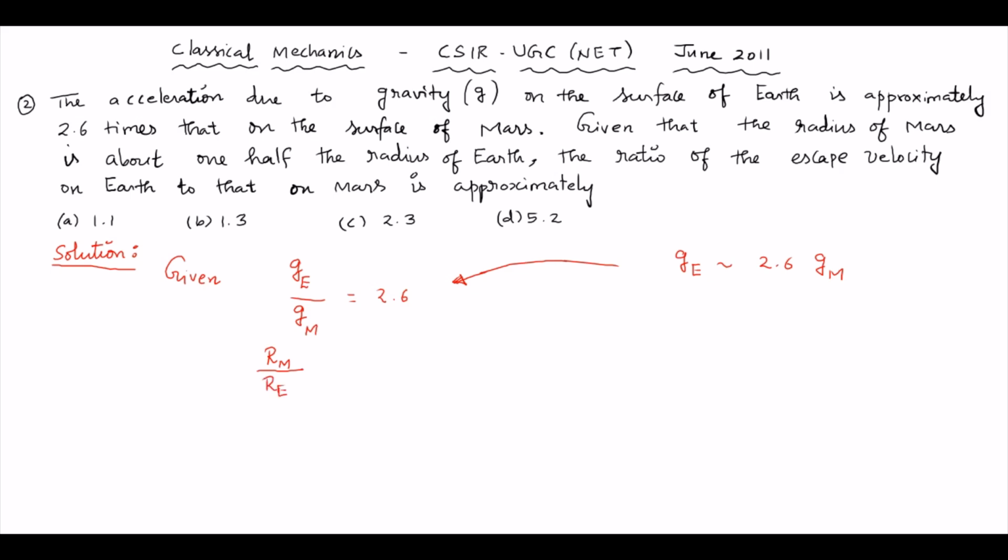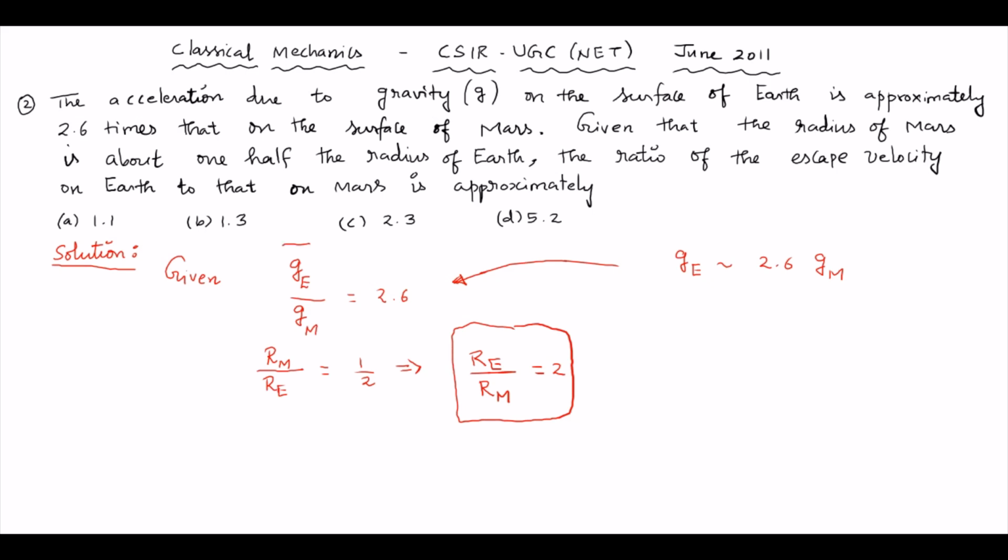The ratio is 1/2, which means I can write R_E by R_M equal to 2. So these two data are given.